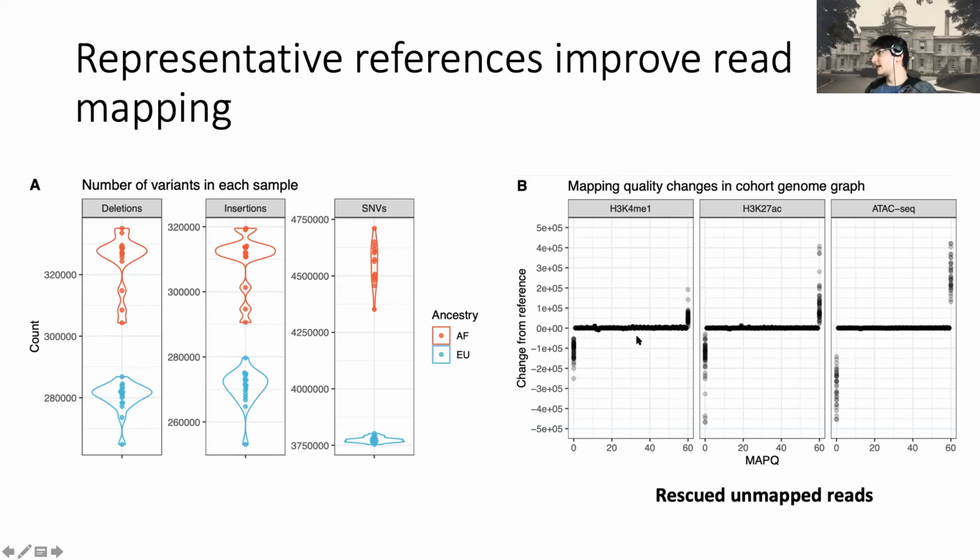And we found that by using a more representative genome reference to map epigenomic signal, we can improve read mapping and rescue more unmapped reads that would normally go to waste.